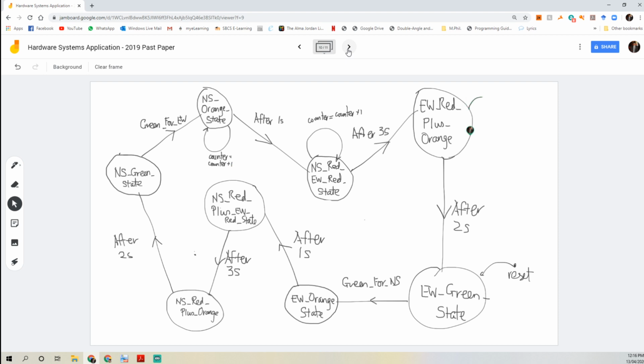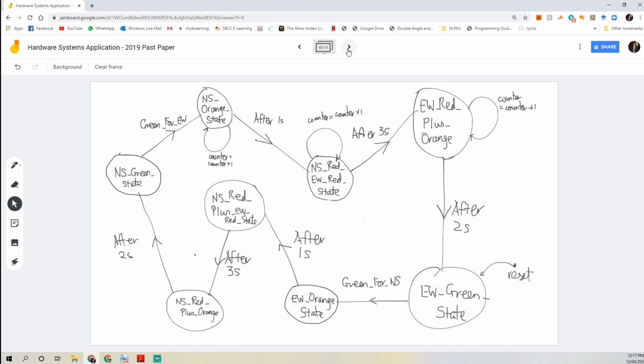Right? Same goes for each of these states which only transition after some amount of time, we need to have these counter inputs here. Now, this east-west green state and north-south green state don't need that, because those states transition based on the inputs green for north-south and green for east-west.